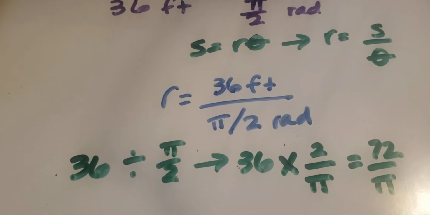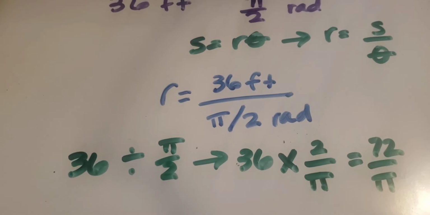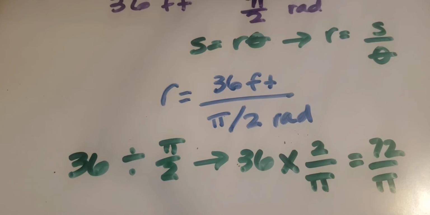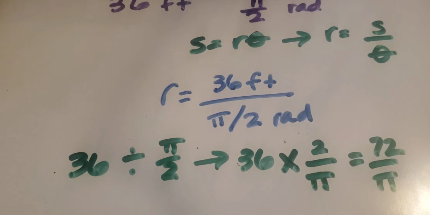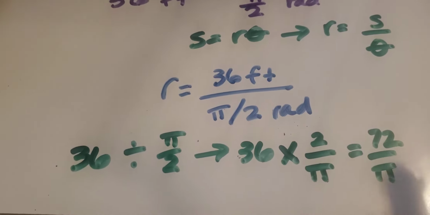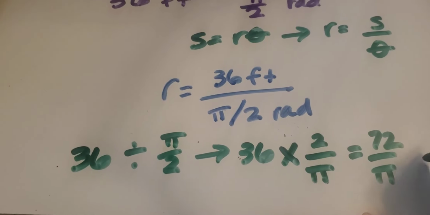But since we're finding the radius, it's not measured in radians; obviously it's a distance. Radius is a unit of length, so we want to keep it as feet. So you have 72 over pi feet.